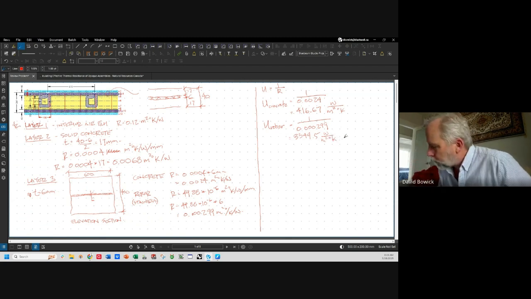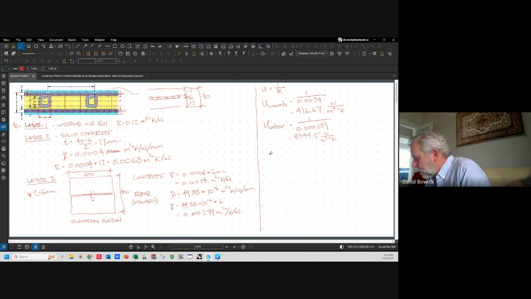Okay, now remember we add up the U values because these are things that exist in a layer. So we're going to add up the U values, but we need to make them proportional to the area. So concrete, well, let's start with rebar.